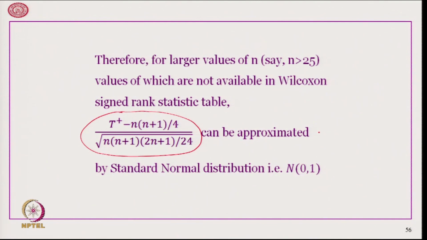This whole thing is distributed as normal 0, 1. Therefore, for larger values of n, we can convert the statistic to a normal 0, 1 distribution, and from there, by reference to the normal table, we can accept or reject the null hypothesis.